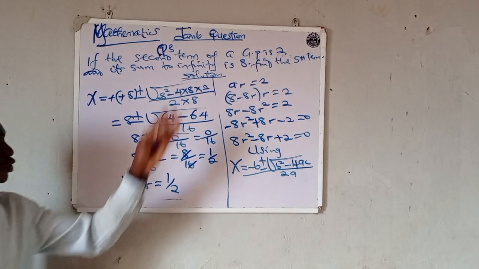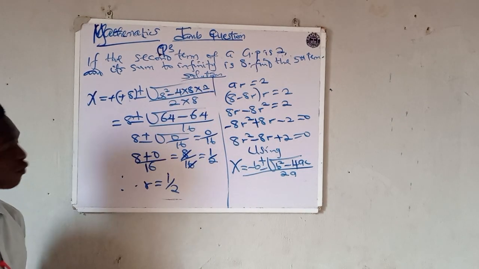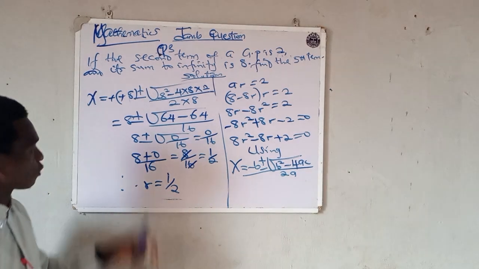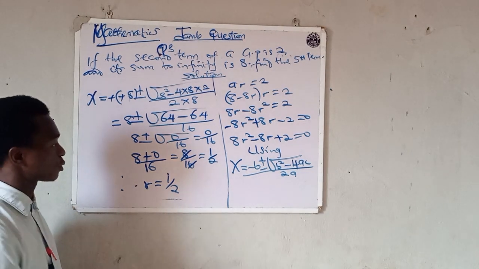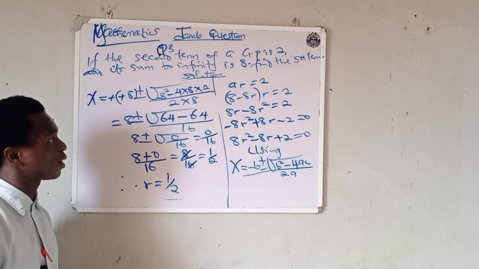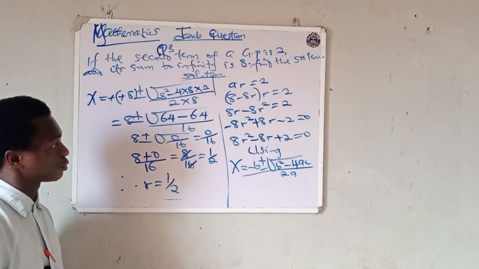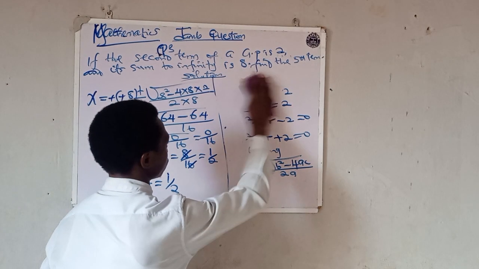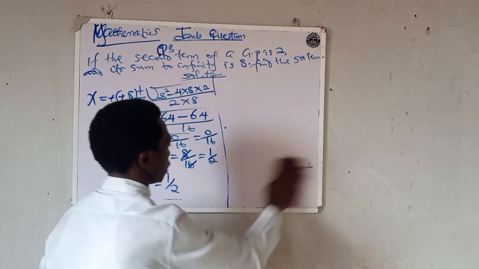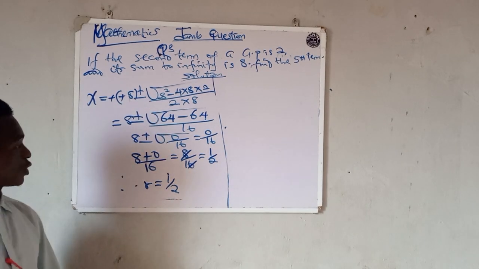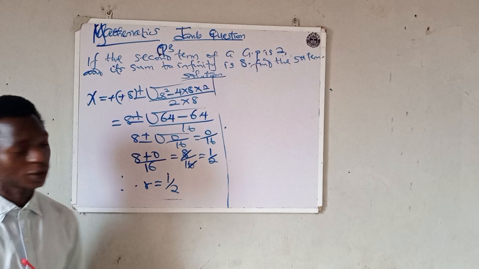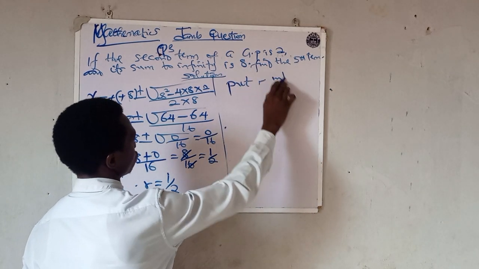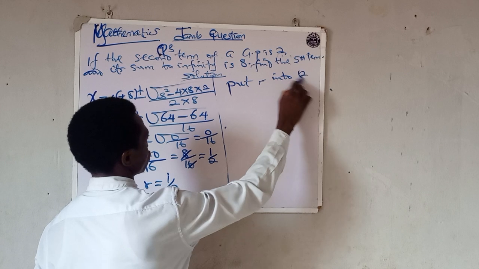So what's the common ratio of the GP? 1 over 2. Now, if we obtain a ratio of 1 over 2, we substitute the value further into one of the equations to obtain our A. Since we have used equation 1 to get R, we put R into equation 2.